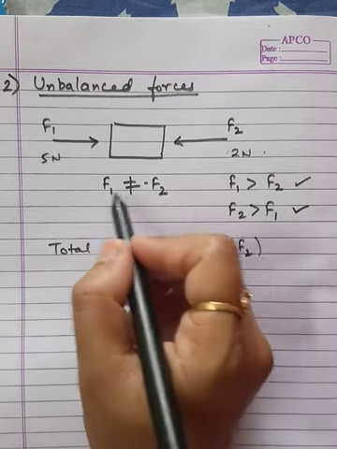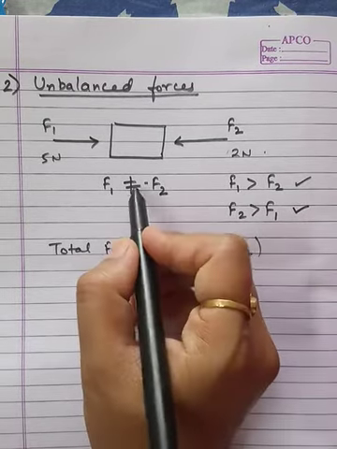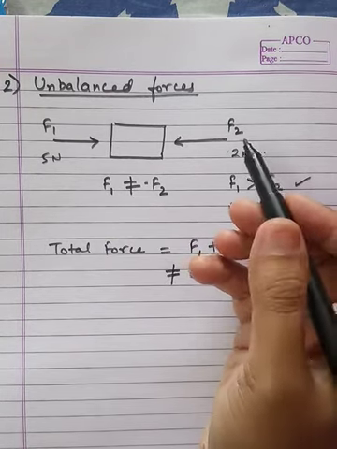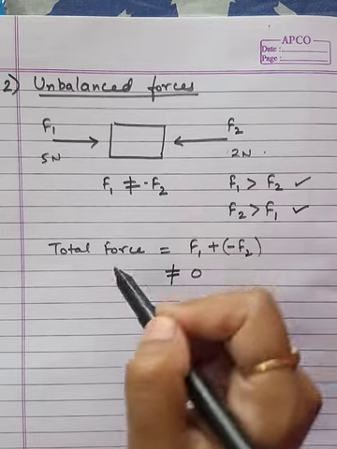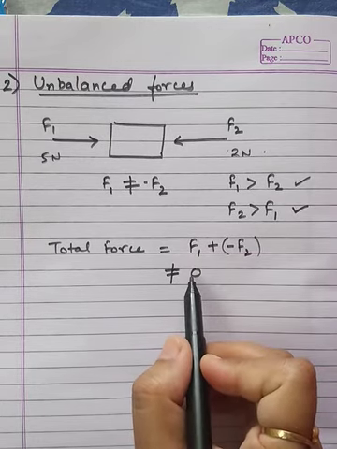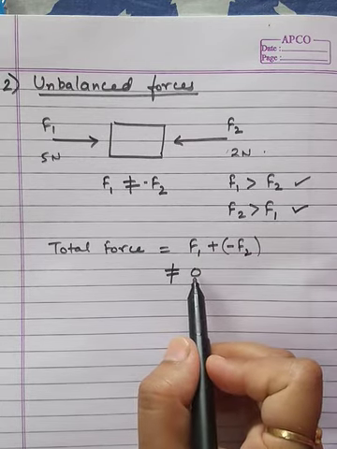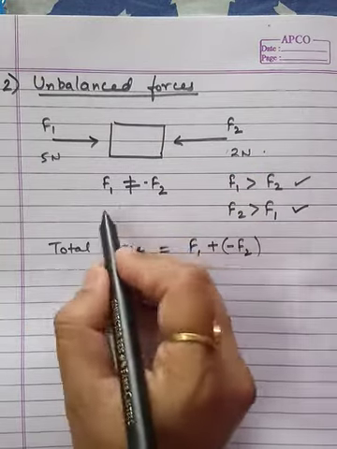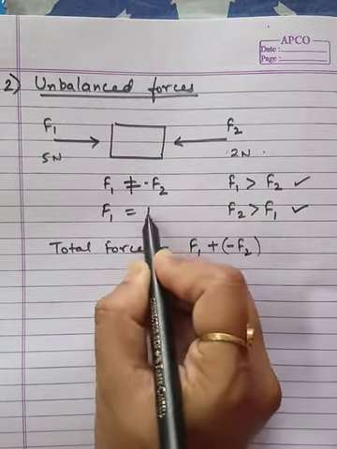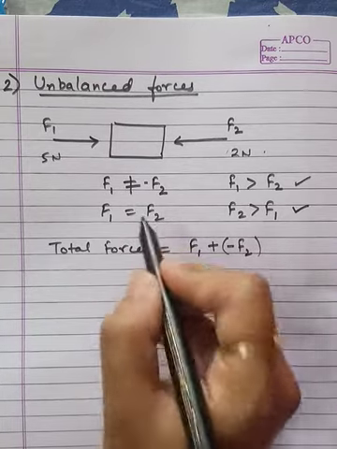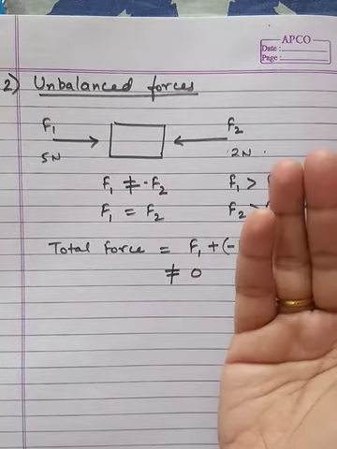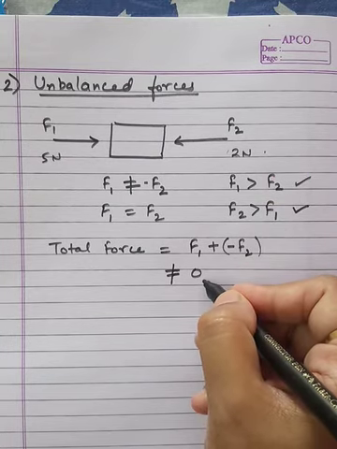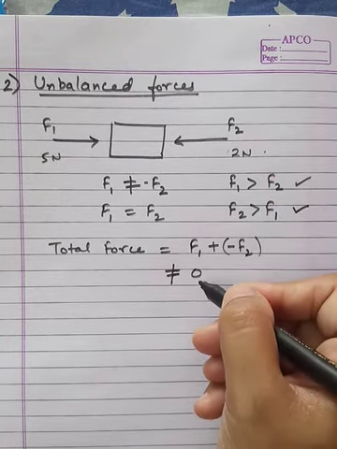If F1 and F2 are not equal, the total force will never be 0. Also, if they are equal but in the same direction, the total force will not become 0.